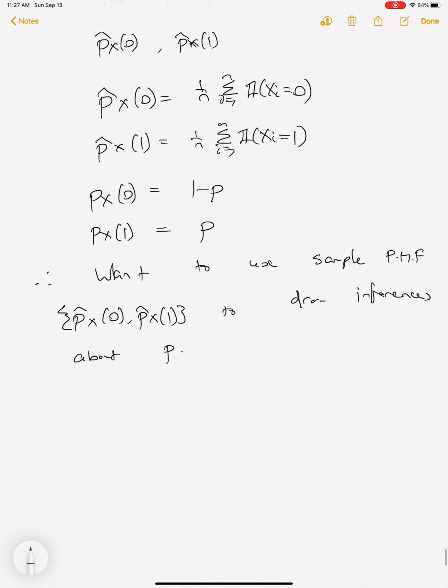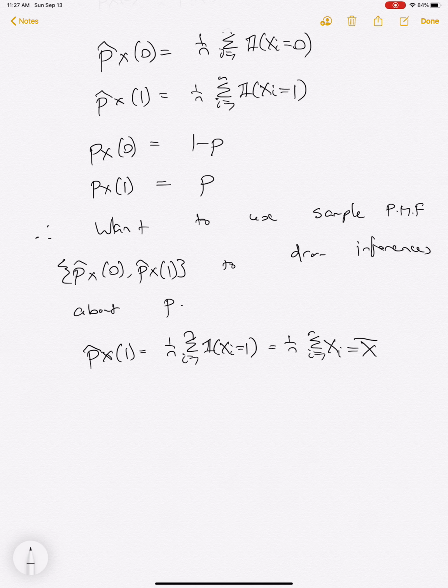So one thing we know is that we could just use p hat x of 1, which is 1 over n times the sum of the indicator xi equals 1, and because this is Bernoulli, we can just write this out as the sum of the xi's, right? Which is just the sample mean. So we're very fortunate that p hat x of 1 is just x bar.